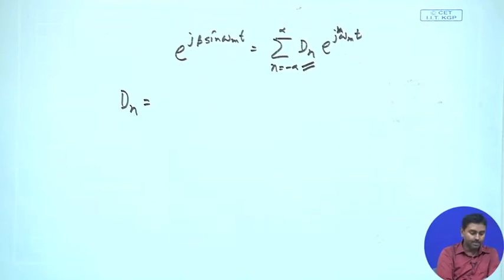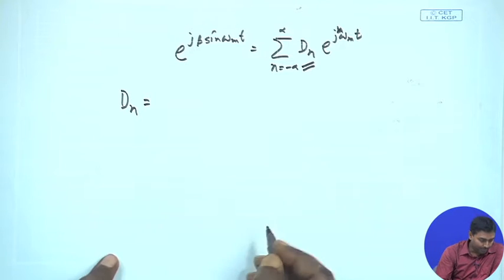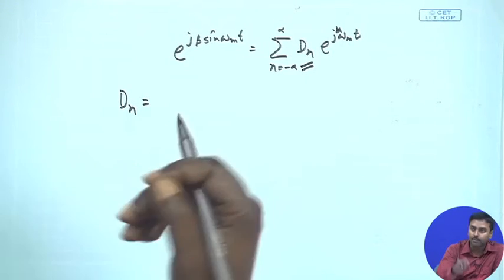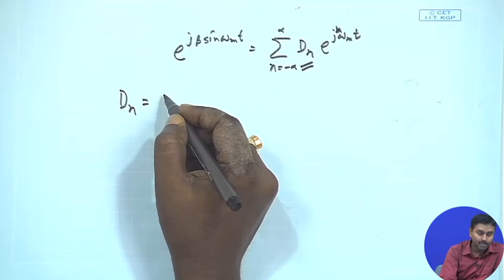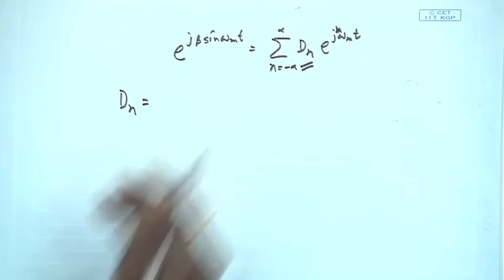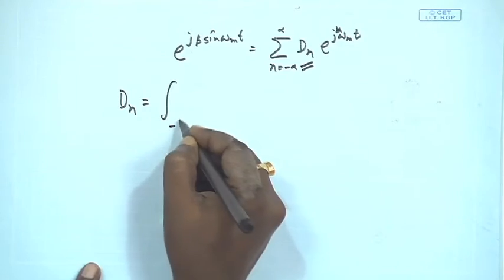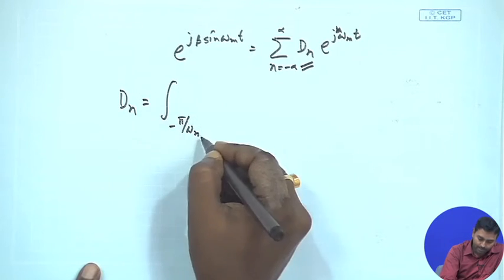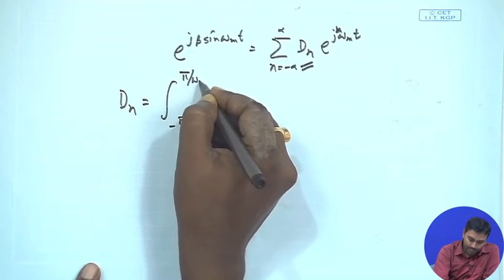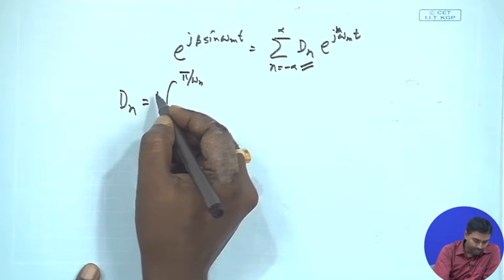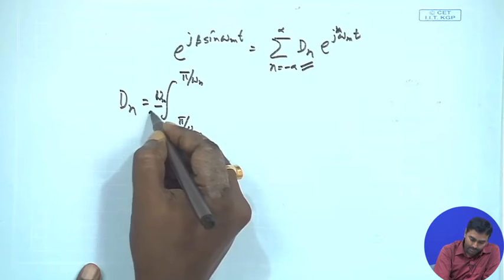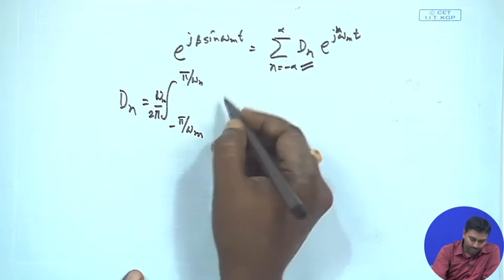So, dn becomes the Fourier integral. That should be 1 by T. The period is basically 2 pi by omega m, so 1 by T should be omega m divided by 2 pi, and the integration goes from minus pi by omega m to plus pi by omega m.